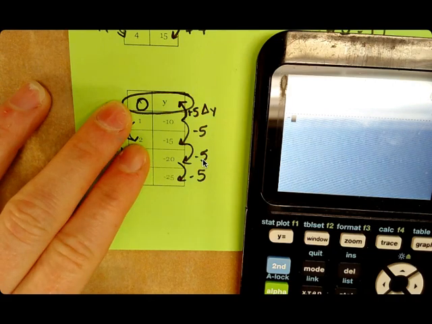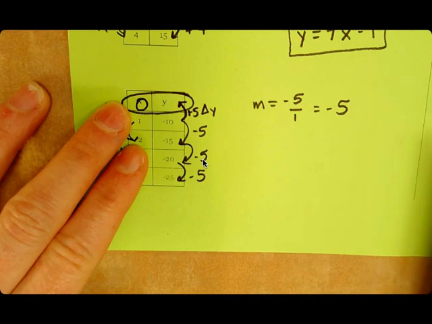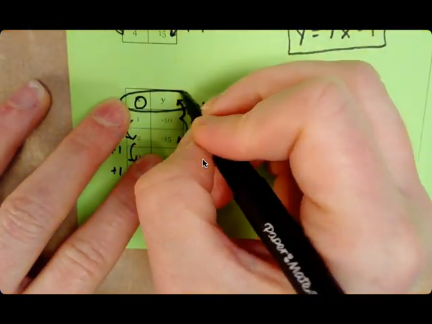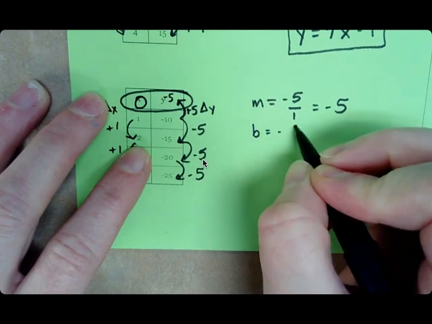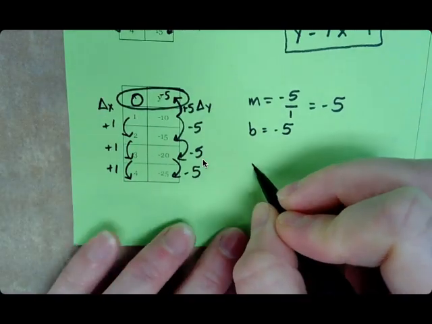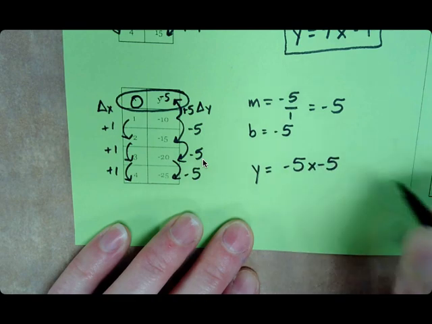So you'd have to do negative 10 plus 5 to get a negative 5. So b is negative 5. So our equation is mx plus b, so negative 5x minus 5.